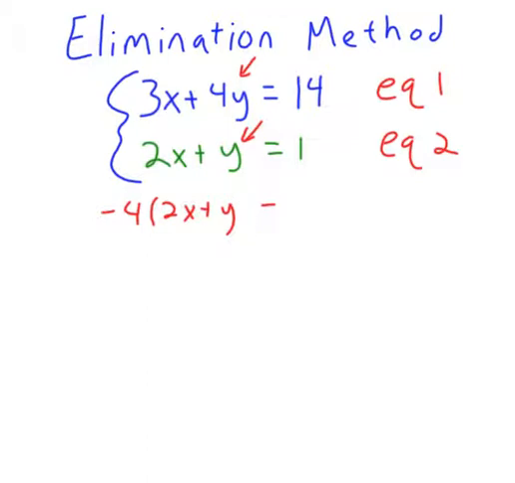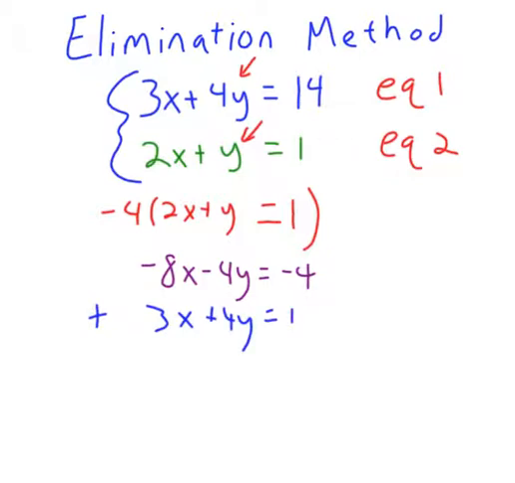If I multiply this entire equation by negative 4, we'll have an entirely new equation. It'll now look like this: negative 8x minus 4y equals negative 4. All right, now if I add that to our original, 3x plus 4y equals 14, we'll have a new equation, and we will have eliminated y as a variable.